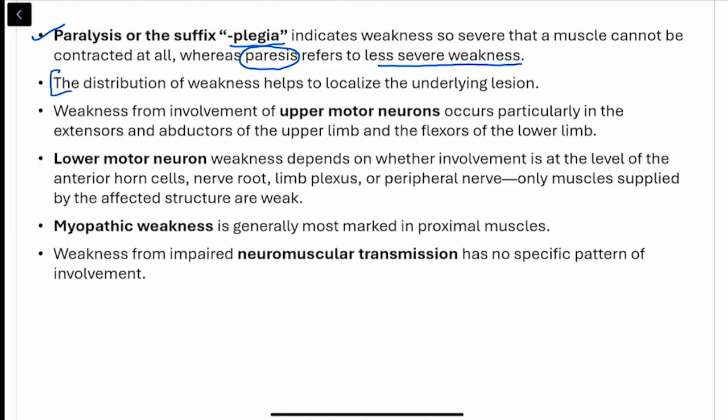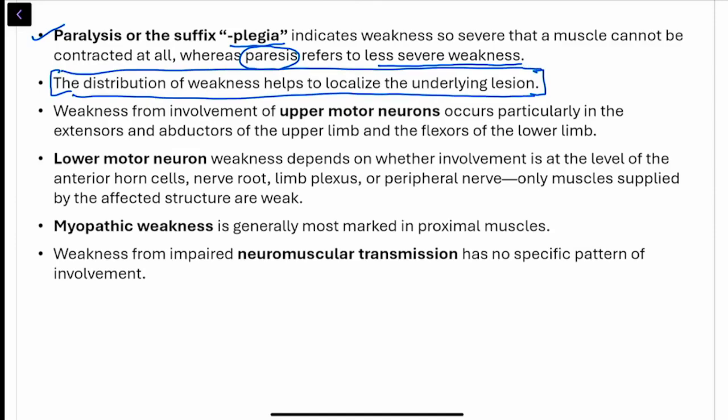Now, another important point is distribution of weakness. It is very important. We have to understand the distribution of weakness, because distribution will tell us the cause of weakness. For example, involvement of upper motor neurons, particularly in the extensors and abductors of the upper limb and the flexors of the lower limb, right?